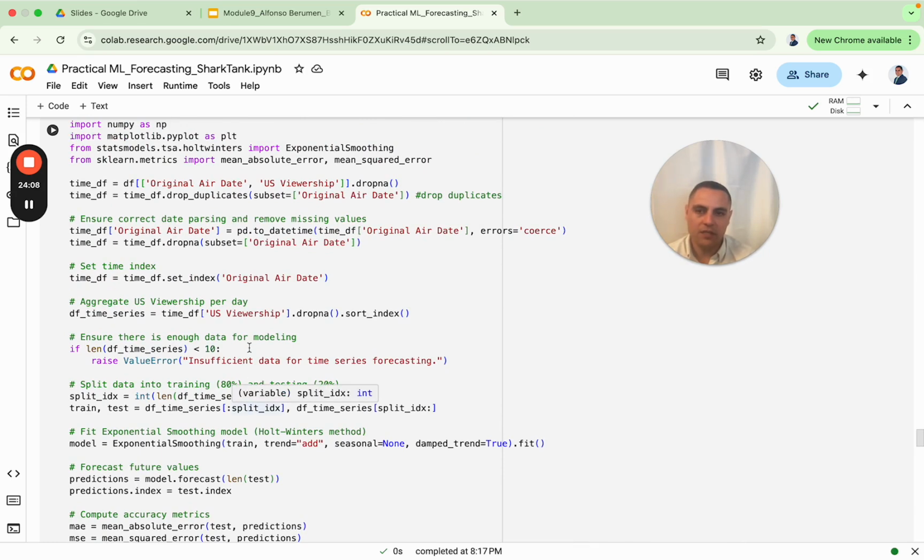So why do we do that? We do that because we want to understand how well a model is going to perform on some unknown future point or unknown data. So we're going to use 80% of the air dates to train the model, and then we're going to evaluate the accuracy on the 20% we're not using to train the model.